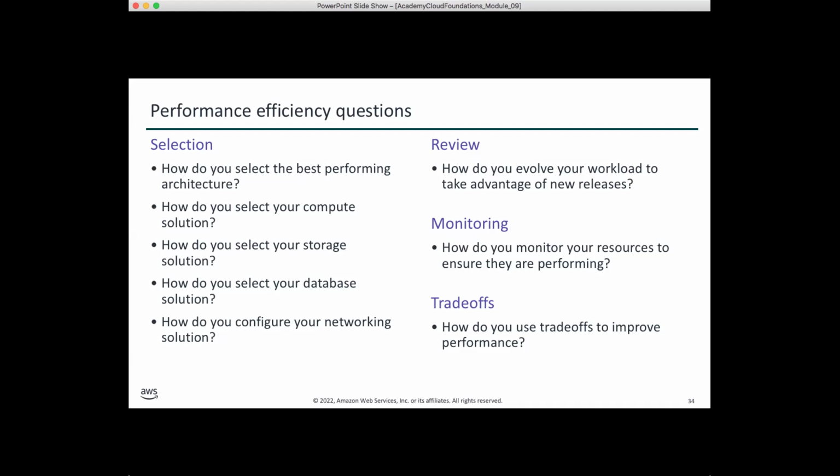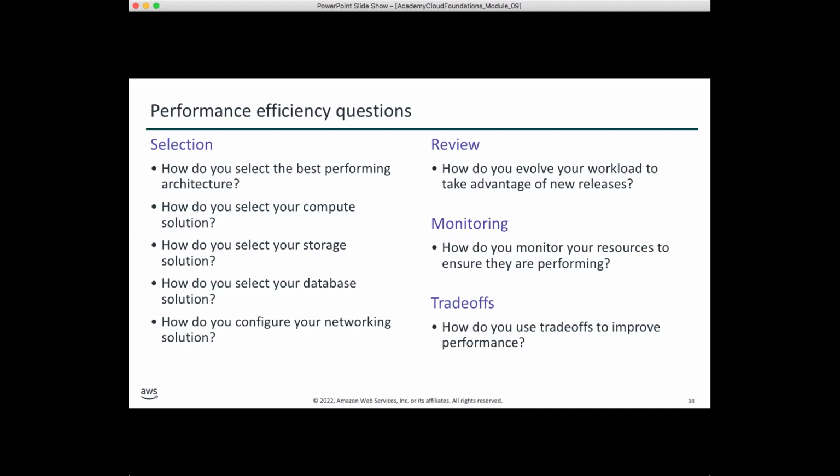Once you select, you should review as well. How do you evolve your workload to take advantage of new releases, right? Monitoring, how do we continuously monitor the resources, with mechanisms to ensure they are performing up to the standards we expect, right?